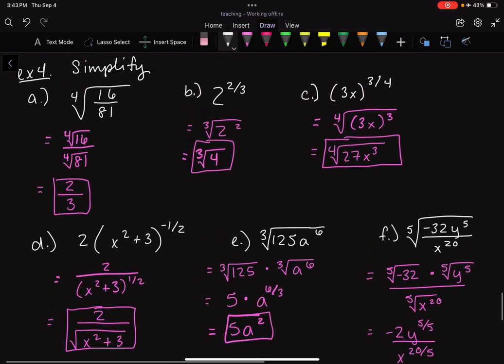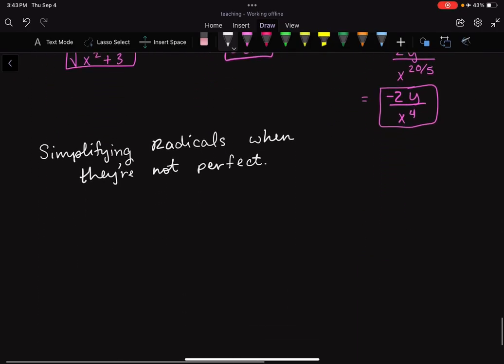So I am just going to jump into some examples with these, but we'll start off kind of slow. So I'll still say simplify. So the first one is the square root of 20.